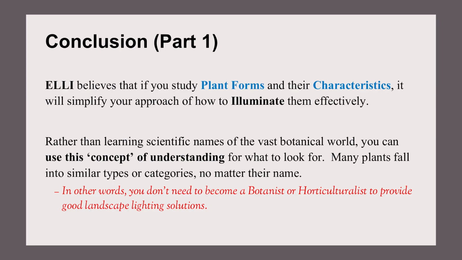We're not trying to teach you to become a botanist or a horticulturalist, but understanding how to identify these plant forms by their shapes and their characteristics. It doesn't matter what the names are, you can illuminate things the right way based on these similarities. So that's the goal here, what we're trying to teach.